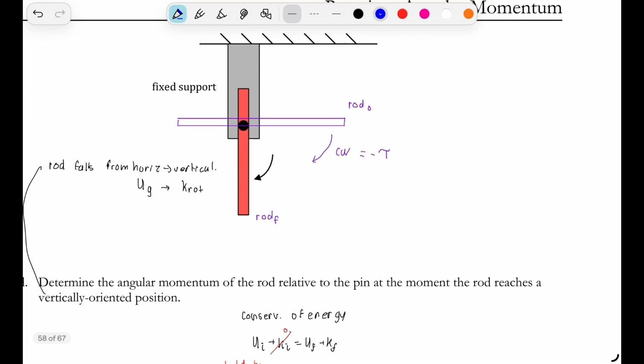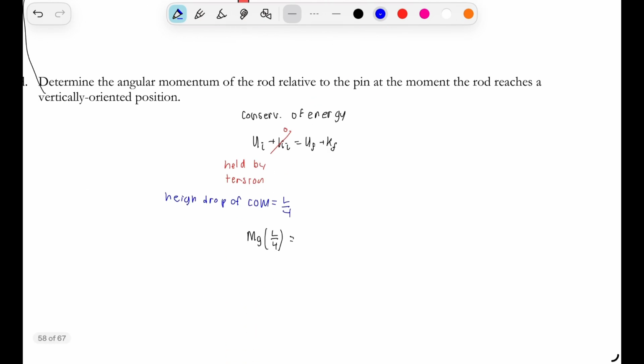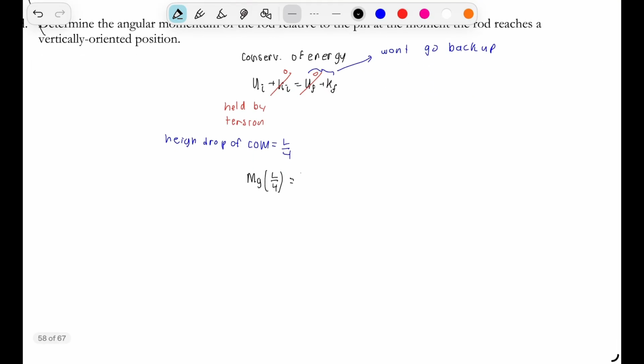We don't have any more potential because it can't go any further down. Once it's like this, there's nothing to push it back up. So once it's at this final stage, it won't go back up. Because of that, our potential final is going to be equal to 0 too.